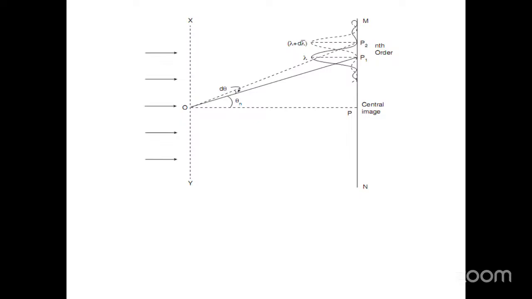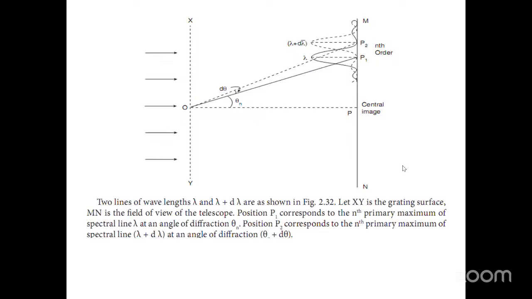On the screen, the light diffracted by the grating element is observed using a traveling microscope. So you can see the separation, P1 and P2. Is it clear? All this can be understood by knowing the definition. Without knowing the definition, you cannot understand the images. Is it clear?